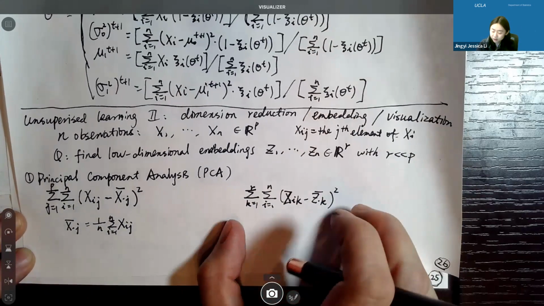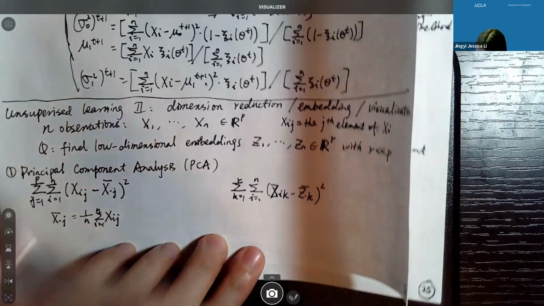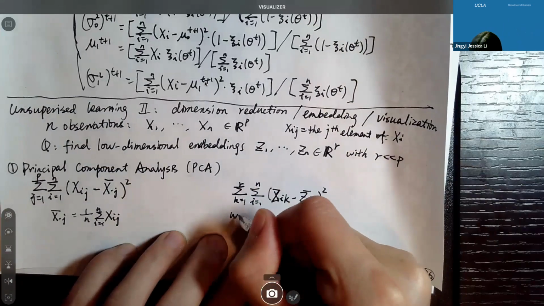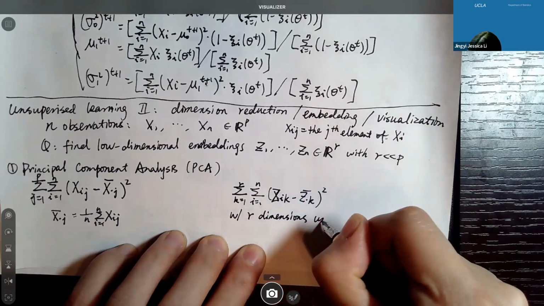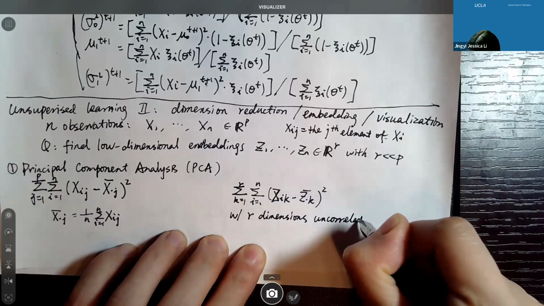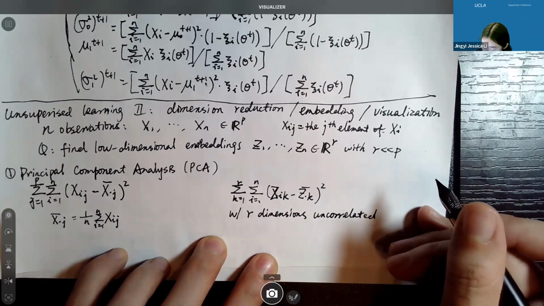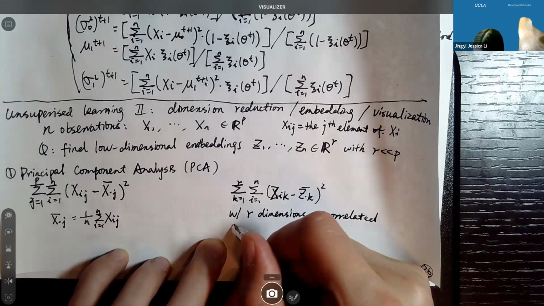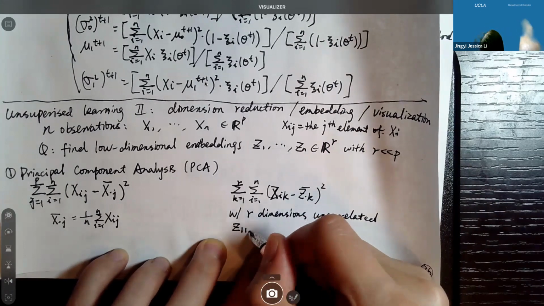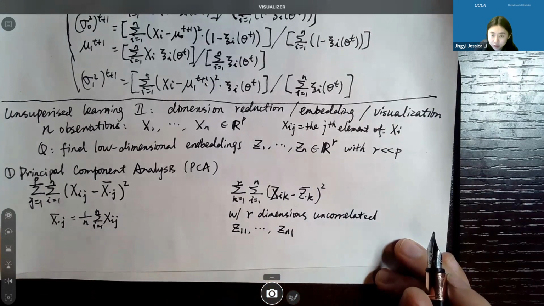Therefore, for the low dimension embeddings, our hope is that the r dimensions are uncorrelated as much as possible. This is one thing. So we don't have that redundancy issue. And furthermore, we want Z11 to Zn1, the n observations in the first new dimension, to preserve the most variance.